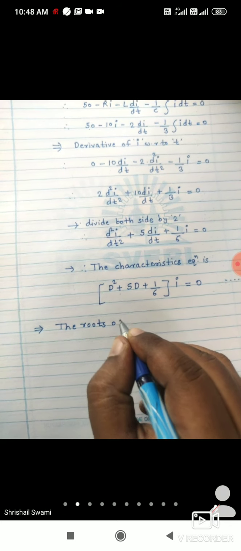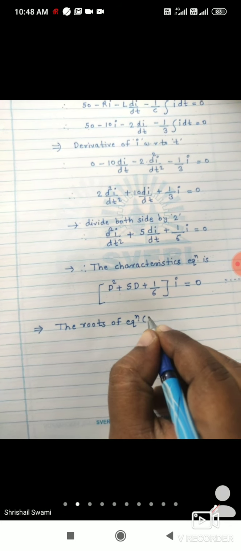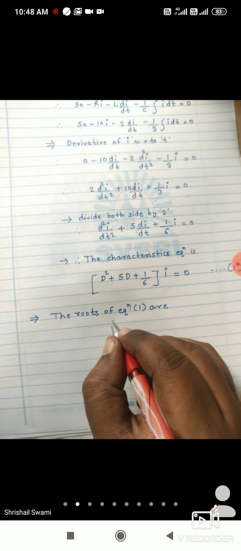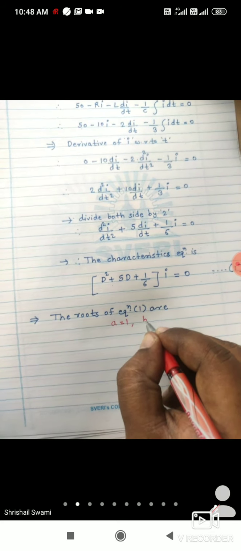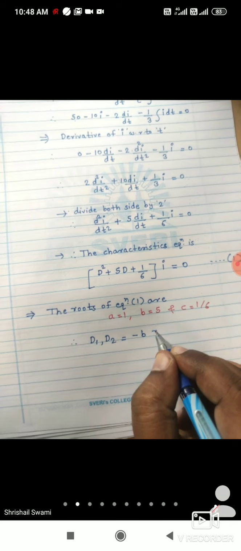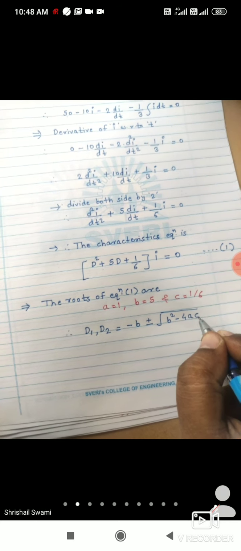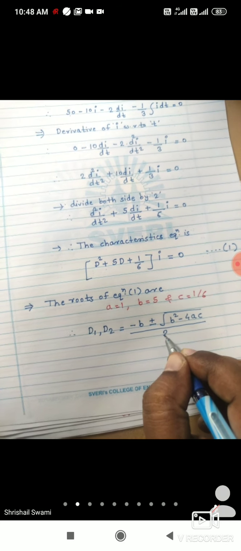Therefore, the roots of equation 1 are: a is equal to 1, b is equal to 5, and c is equal to 1 upon 6. This c is a constant, remember, not a capacitor. So what are the roots? d1, d2 is equal to minus b plus minus under root b square minus 4ac, divided by 2a.